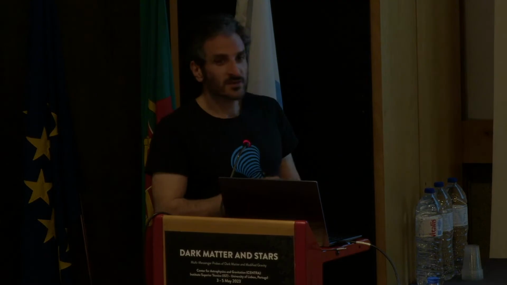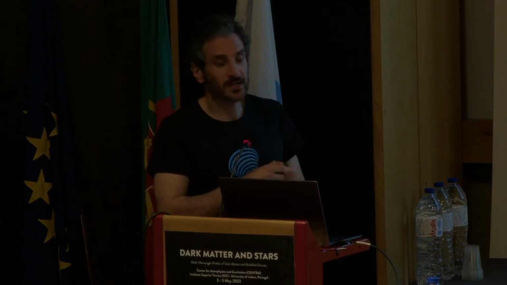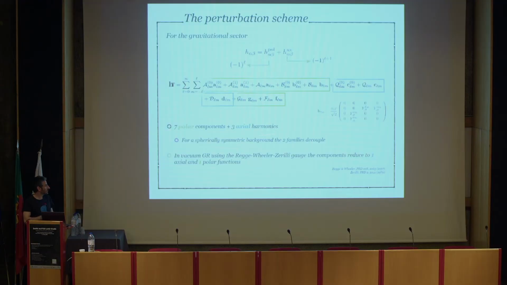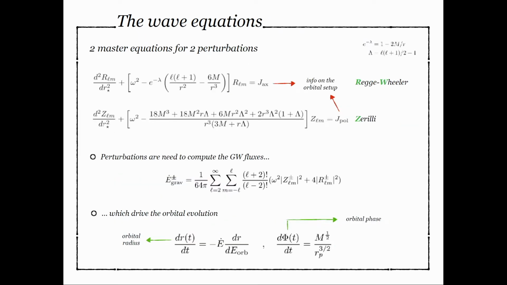The perturbation is very easy. Basically, you decompose h in polar and axial perturbations. There is a standard way to do this. The good thing is that in general relativity, the 3 components of axial perturbation and the 7 of polar perturbation can be massaged and mixed in a way that the perturbation just reduces to 2 wave equations here. I'm talking now about a non-rotating space-time, but the generalization to Kerr is basically the same, just more involved.